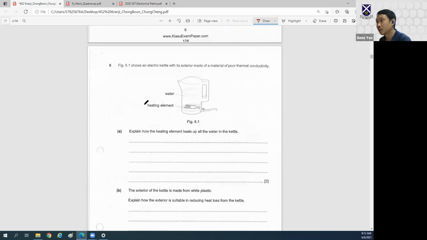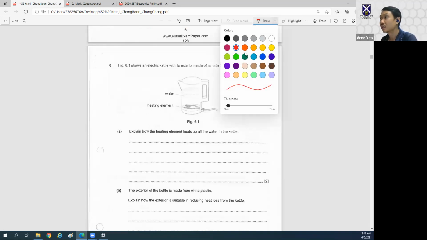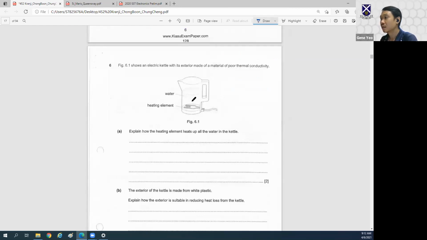Now we are going to talk about heat transfer, right? Okay, so how does a heating element heat up all the water in the kettle? So by now you should know that this occurs because of convection.